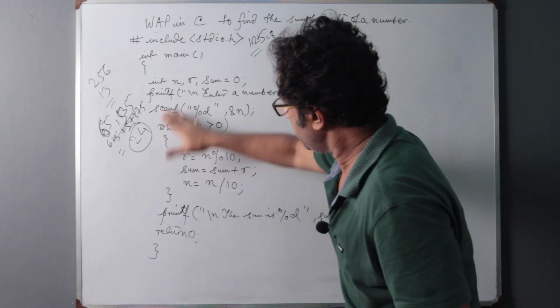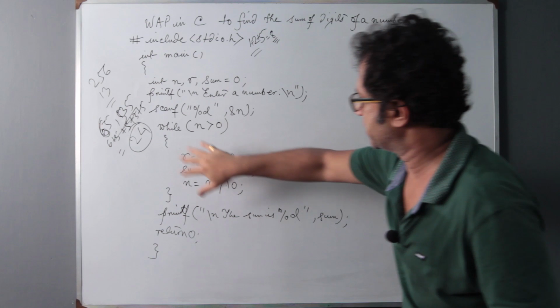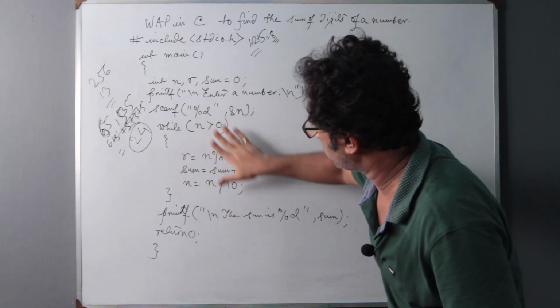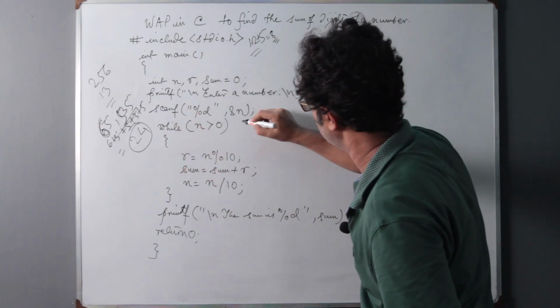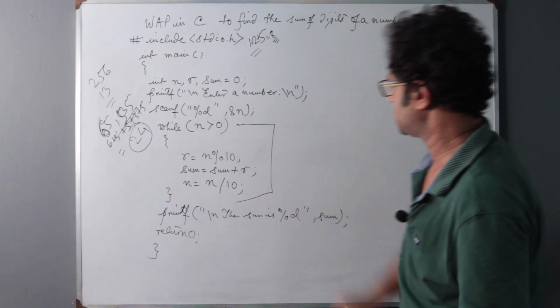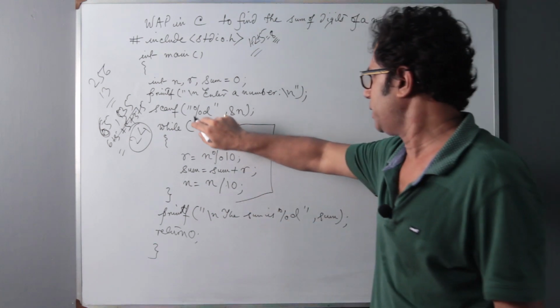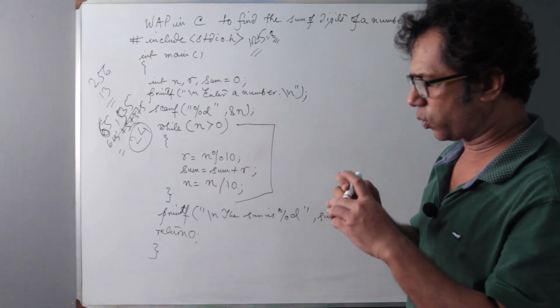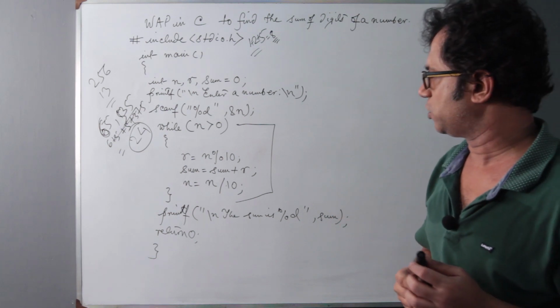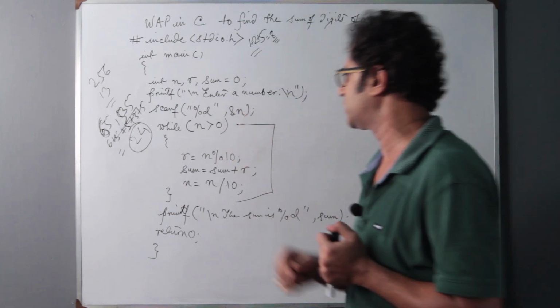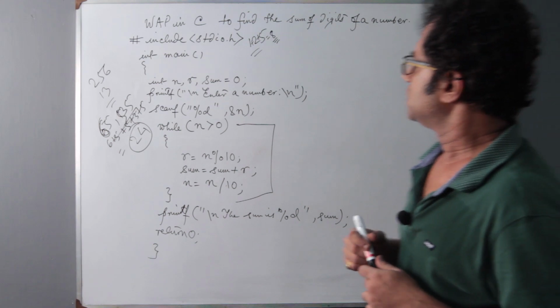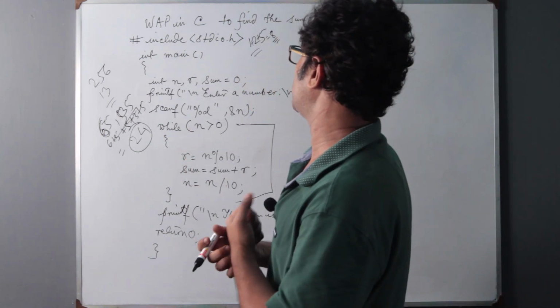Then we will come to the while construct, that is the logical section of the program, which is just within this portion. So, while n greater than 0: what I mean is that any number whose sum of digits is to be determined is greater than 0.